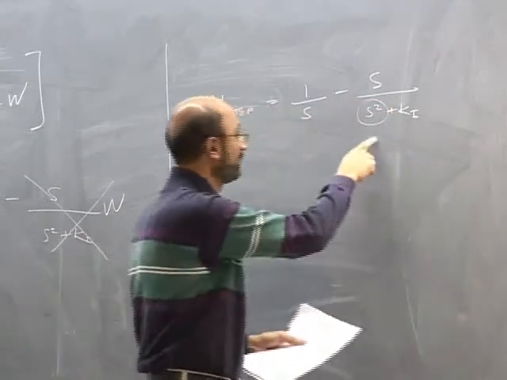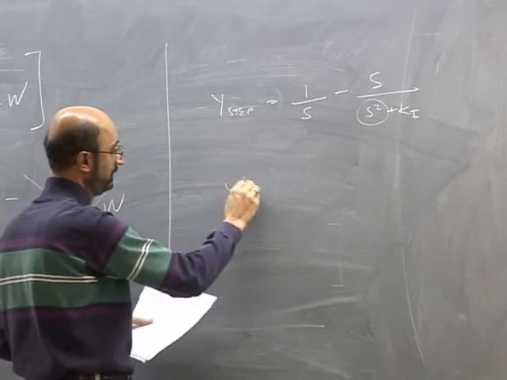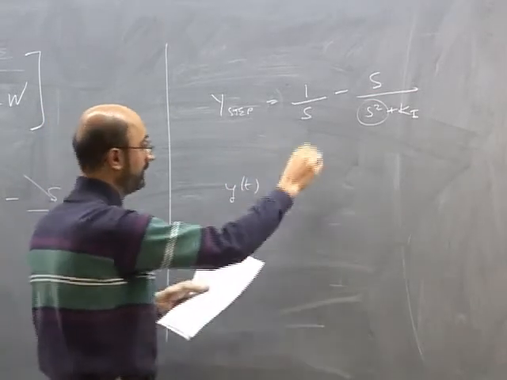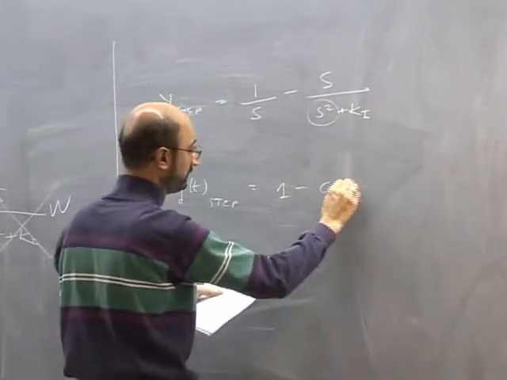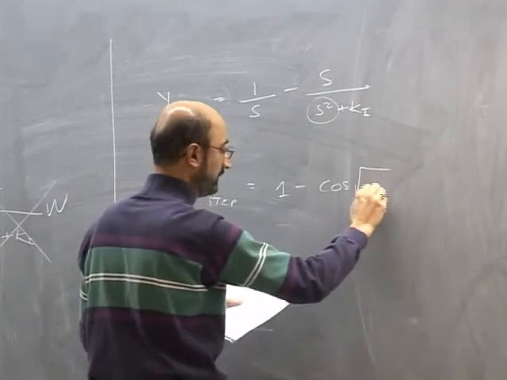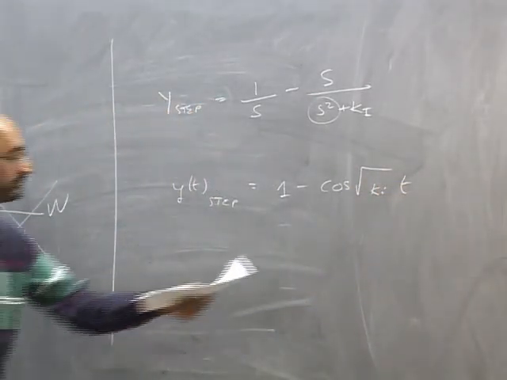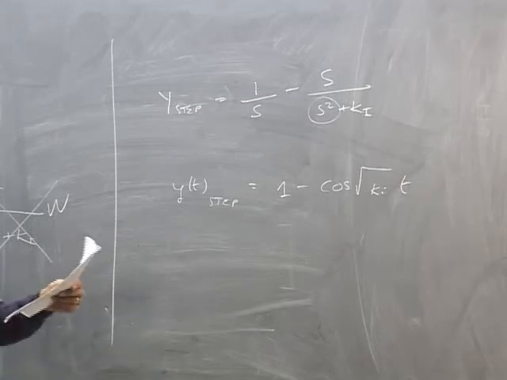So when you see this s squared, you say, okay, this is going to be a sinusoid, and sure enough, y of t for a step is going to be, 1 over s goes to 1, and minus cos of square root of ki times t, and this is going to be oscillatory with the period of ki. Okay, so if ki is small, it's going to be a small period, and if ki is large, you're going to have a large period.